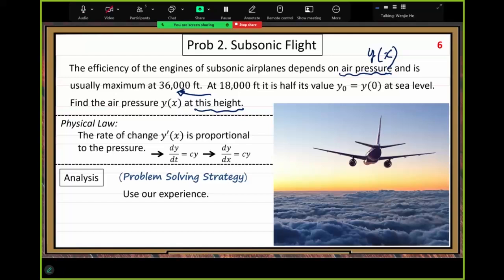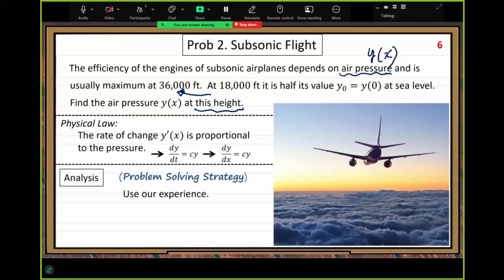But here we need to change the variable from t to x. Not time. In the previous example, the variable is time t, but here the variable is height x, height above the sea level. We make a small change.